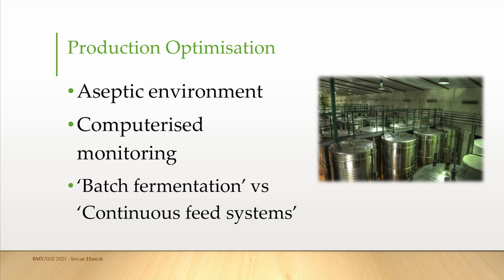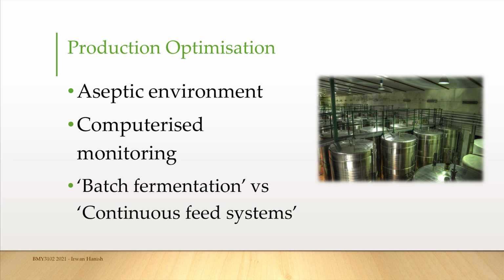So most of the time, the production environment is aseptic, and they'll use a computerized monitoring system to make sure that there's nothing weird going on with the cells or the media. The monitoring system is typically part of the bioreactors where you do the fermentations of the biological products.